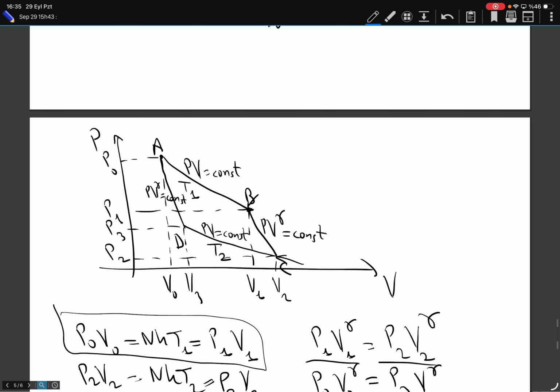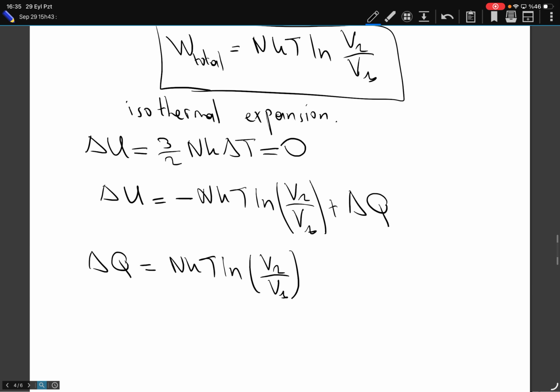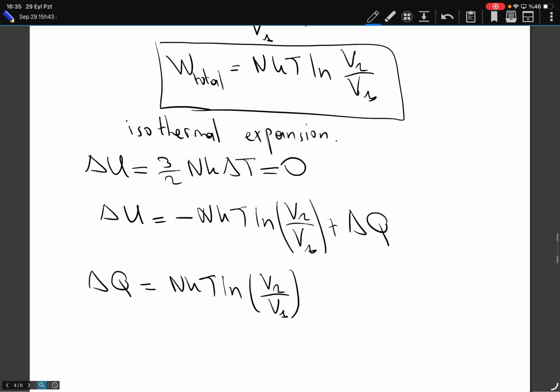So the system will take heat, Q1, as it goes from A to B, and release heat, let's say Q2, as it goes from C to D. In fact, we can just write them down straight away. You see, Q1 is nKT times the logarithm of the final volume to the initial volume. This is how much heat the system has taken.